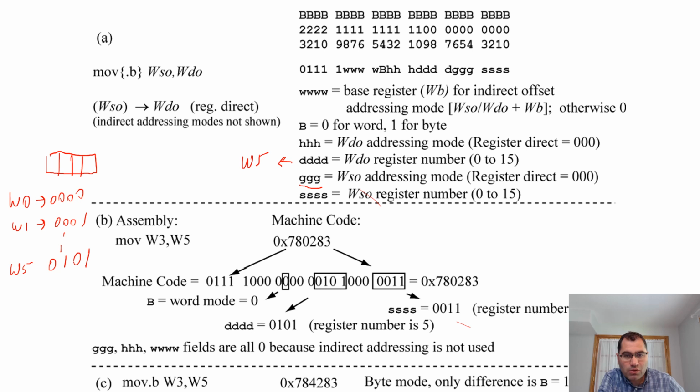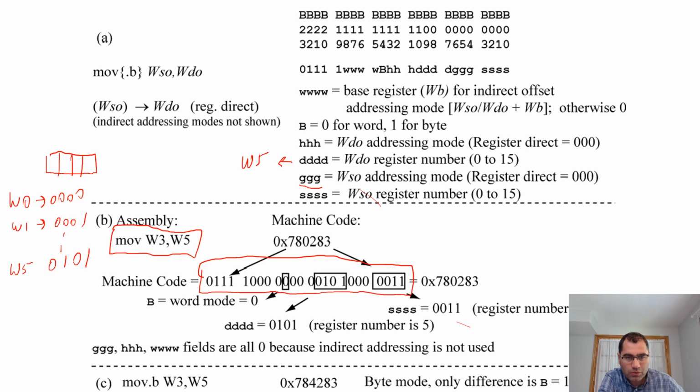So we were able to convert this assembly instruction into machine code. This is truly ones and zeros, right? In class we always talk about how a computer does everything in ones and zeros. That's how it does it.